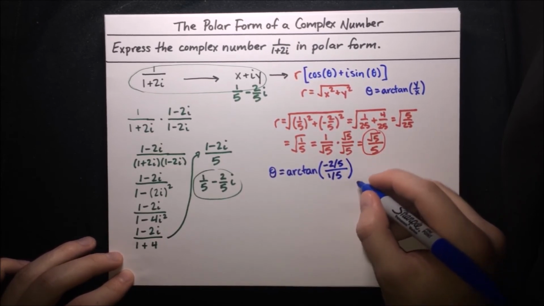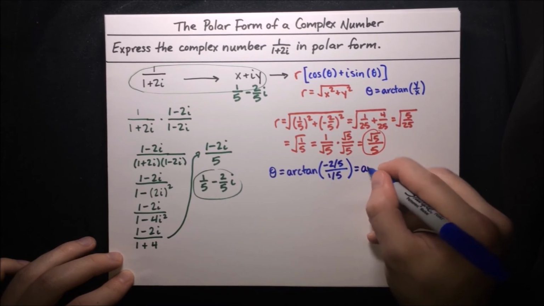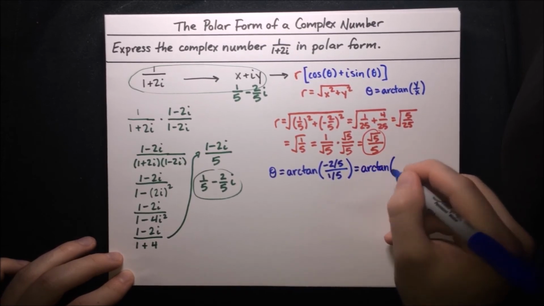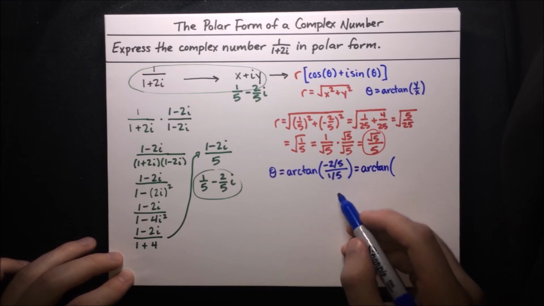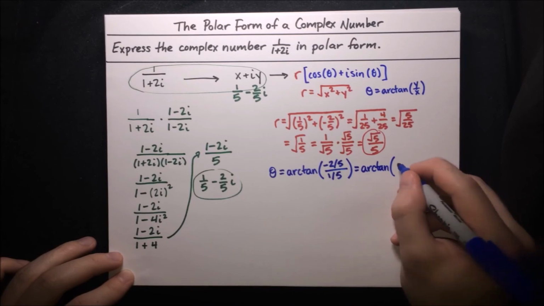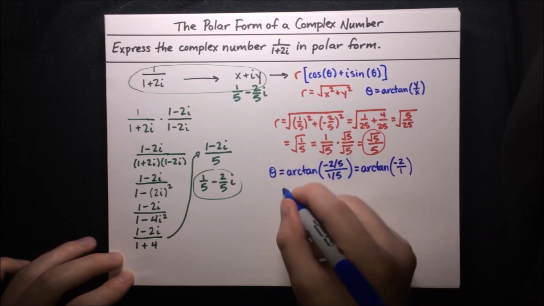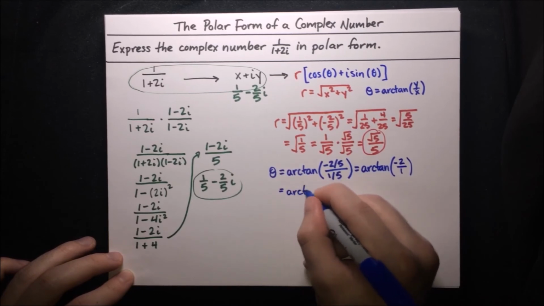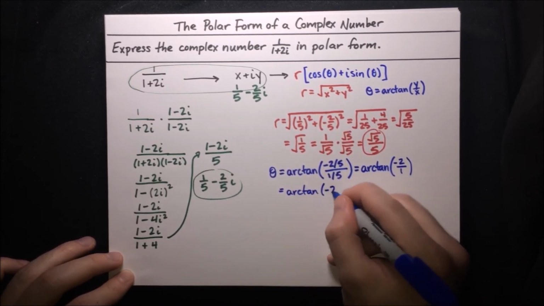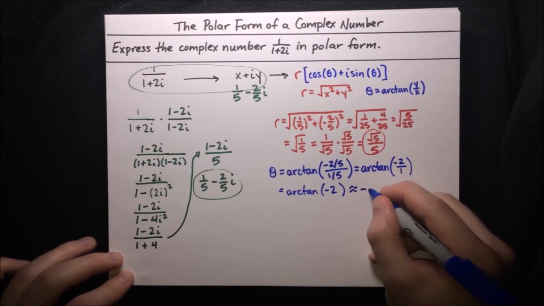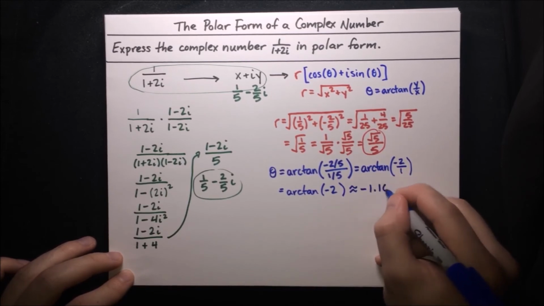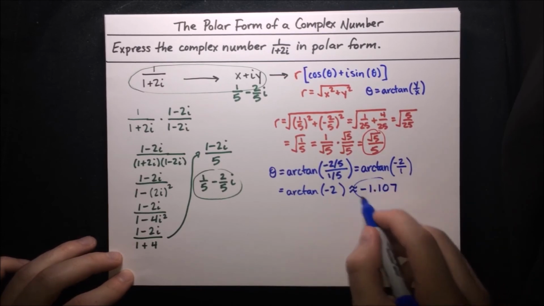Let's simplify that a little bit. If you multiply the top and bottom of this fraction by 5, you can cancel those 5s out, and you just get negative 2 over 1. So arctangent of negative 2, which, using a calculator, is approximately equal to negative 1.107. So that's our angle.